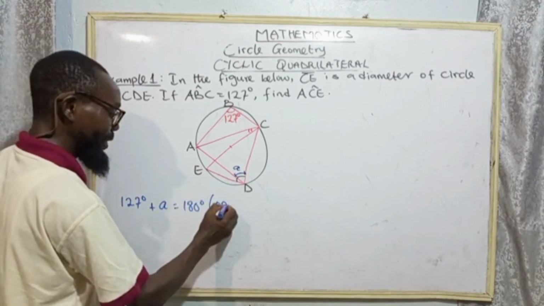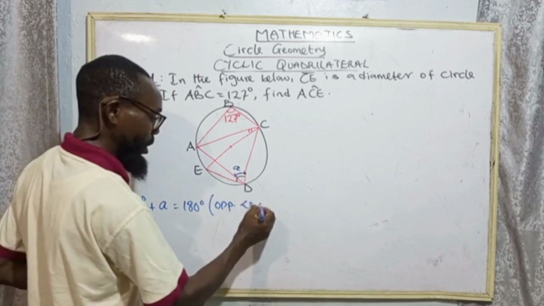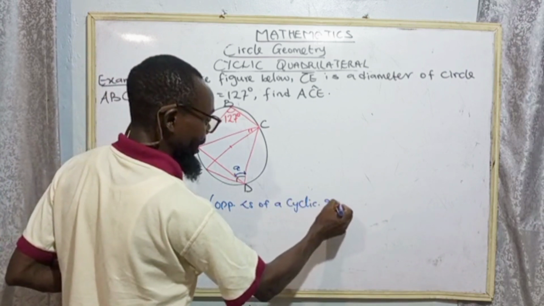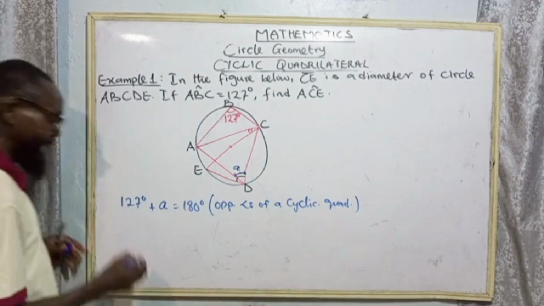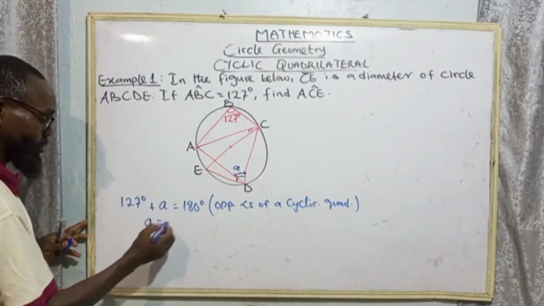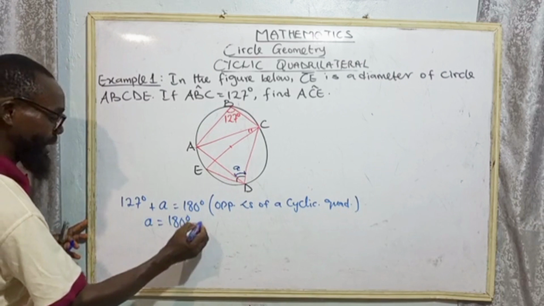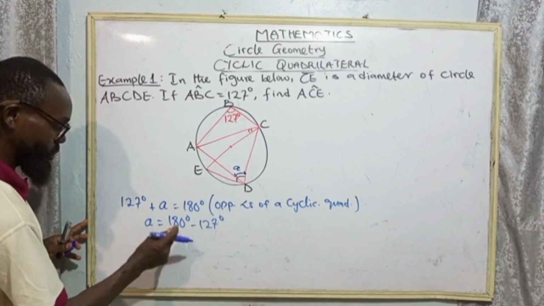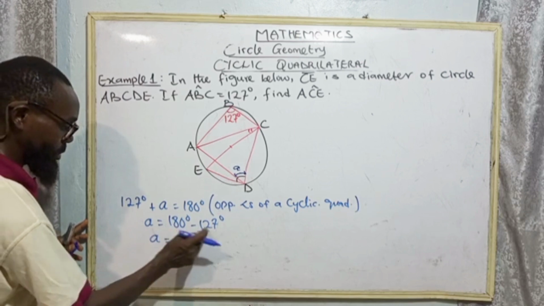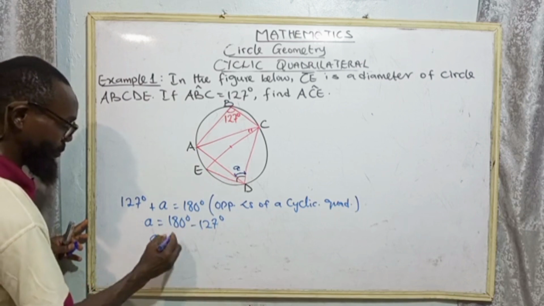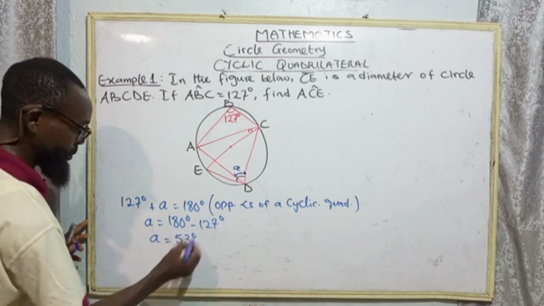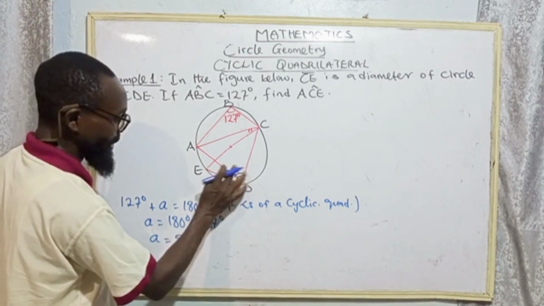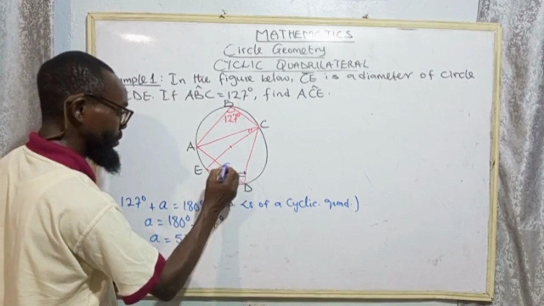Reason: opposite angles of a cyclic quadrilateral. That is, A will equal 180 degrees minus 127 degrees. My A will equal 53 degrees. Now, I've gotten my A to be 53 degrees. This place is 53 degrees.